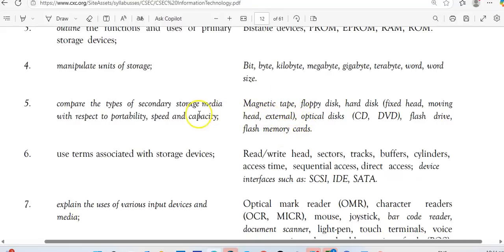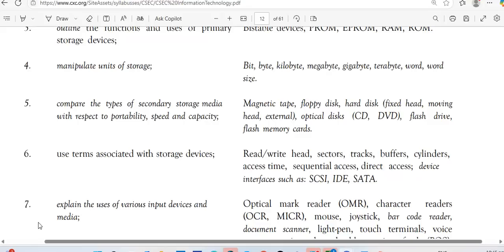So the objective is asking us to compare the types of secondary storage media with respect to portability, speed, and capacity. Secondary storage media are devices that store data outside of a computer's primary memory, which is RAM.